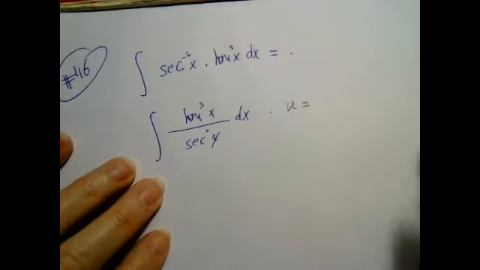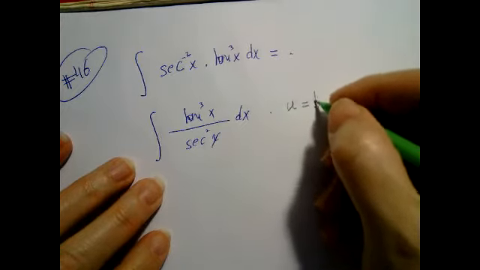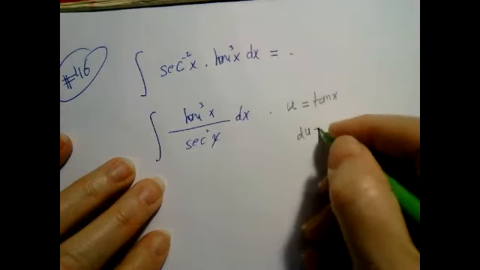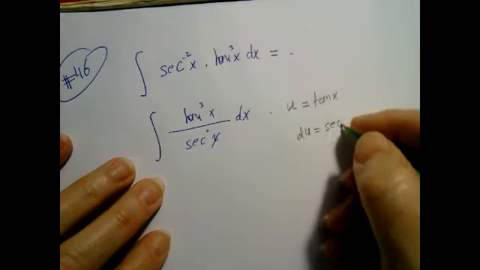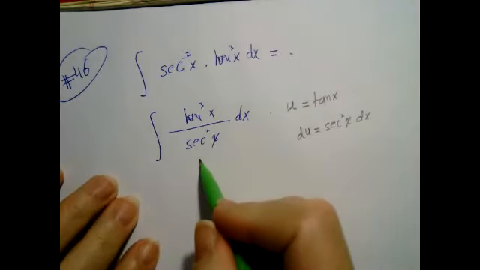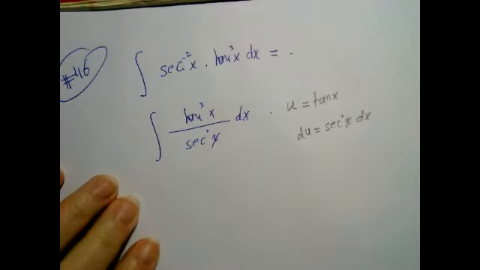U equal, I'm slowing down because I want you to keep thinking. U equal tangent. The du is secant square, but the secant square is in the denominator. Right? So how am I going to pick it up?